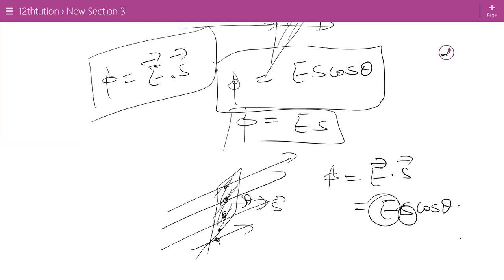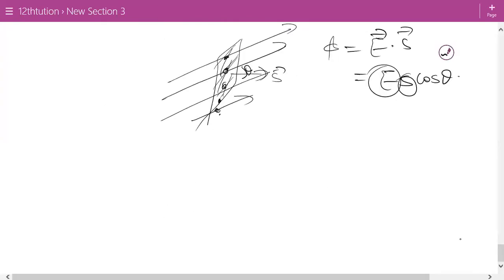And you have to multiply that with the surface. That is the formula of the flux. This part, flux, is very important.